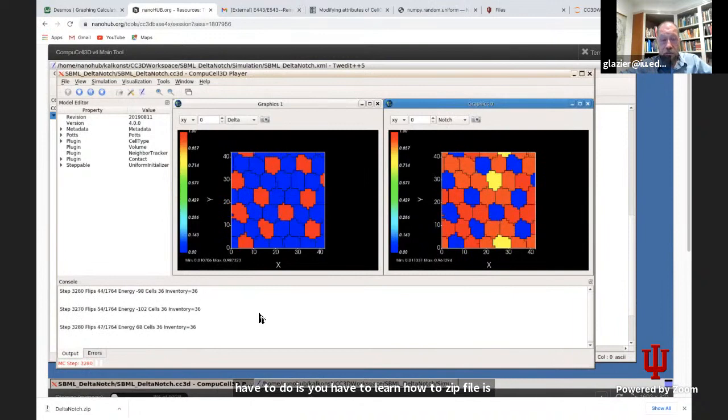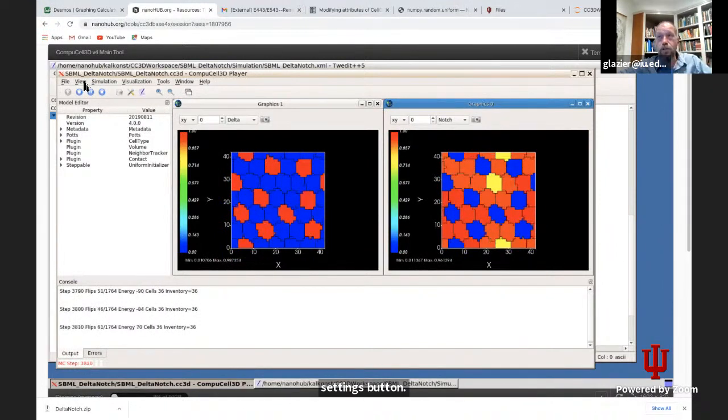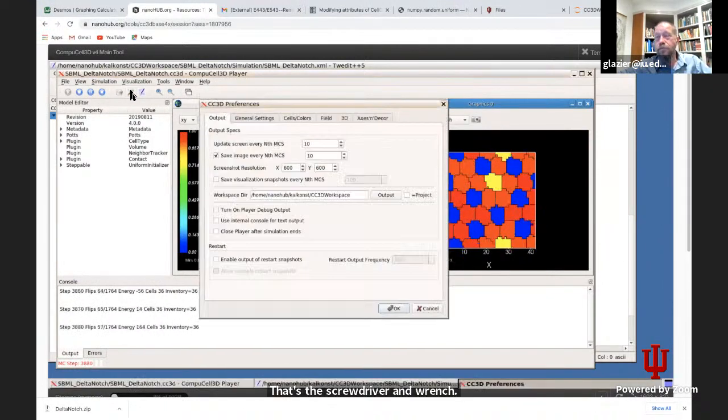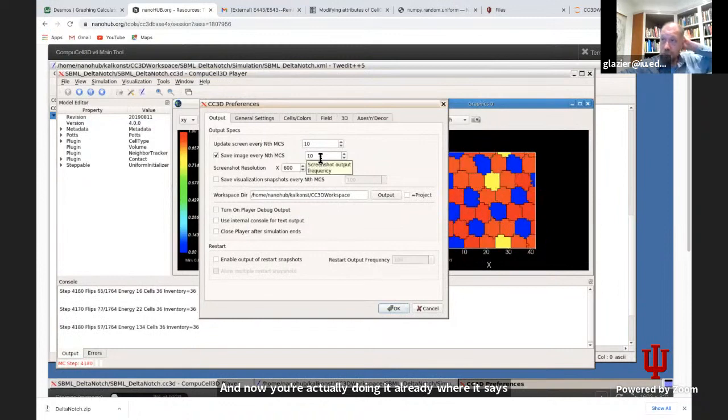The goal is to save movies. If you want to save a movie, you go to the settings button, that's the screwdriver and wrench there. And now it's doing it already, where it says save image every nth Monte Carlo step.